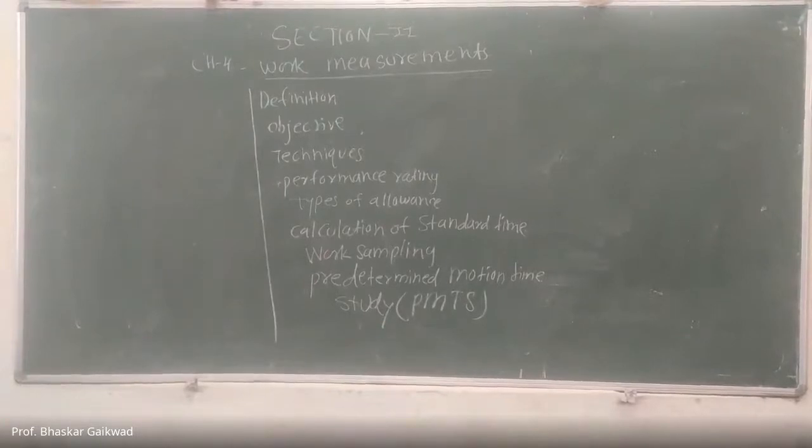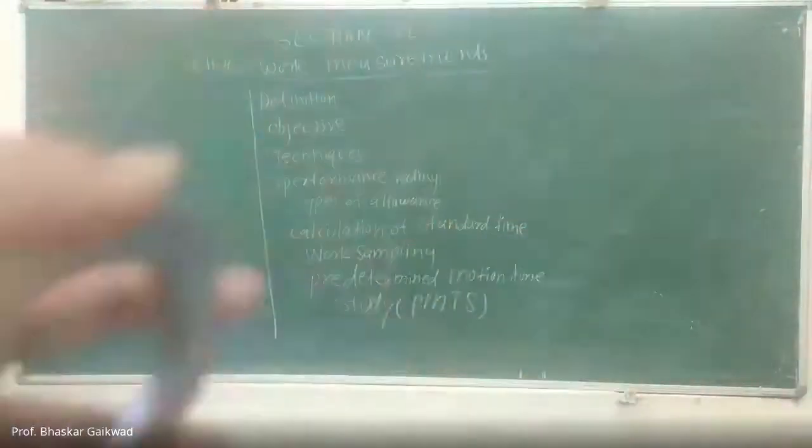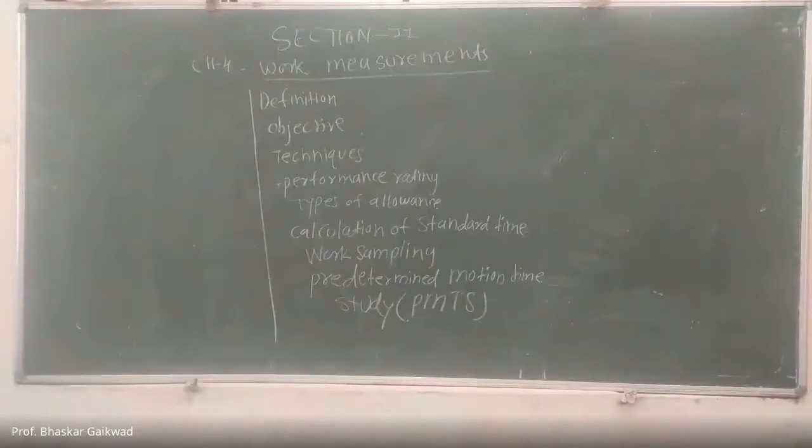So if you take this man and, while manufacturing this type of job on the machine, we need to calculate the standard times, means how much time is required to manufacture the job by considering different types of allowances.